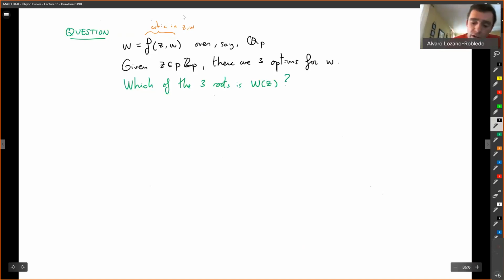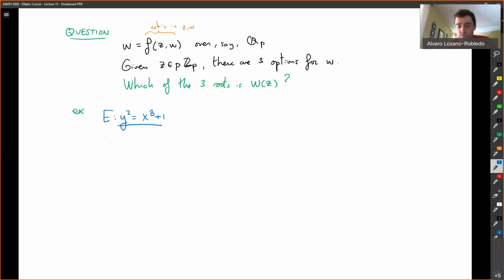So for example, for concreteness, take E to be y squared equals x cubed plus 1.